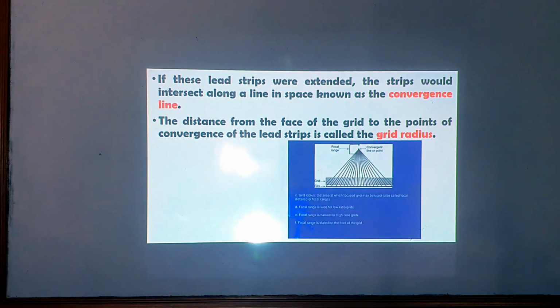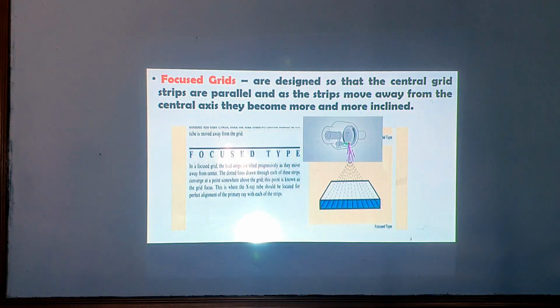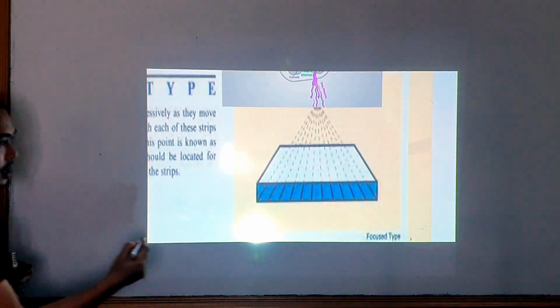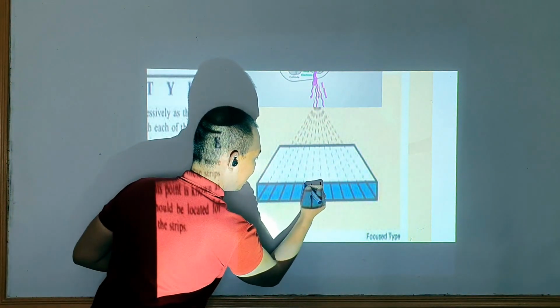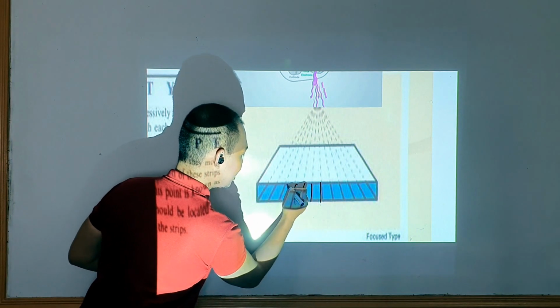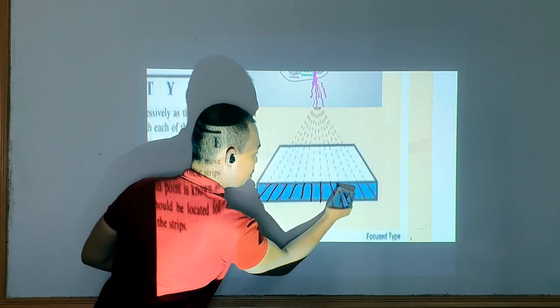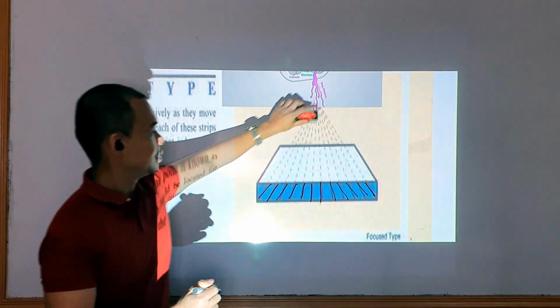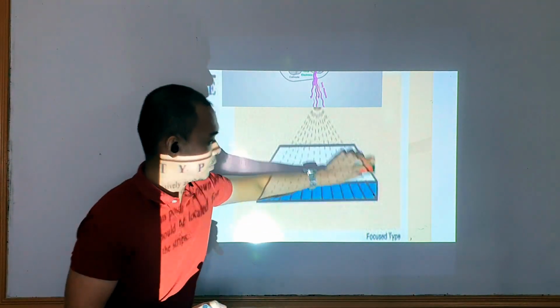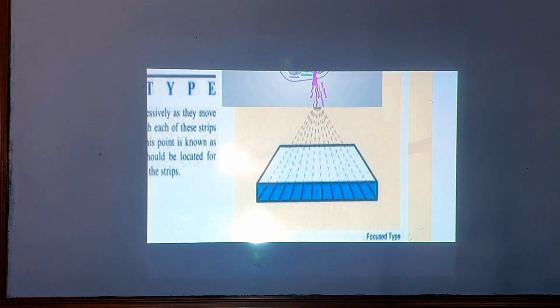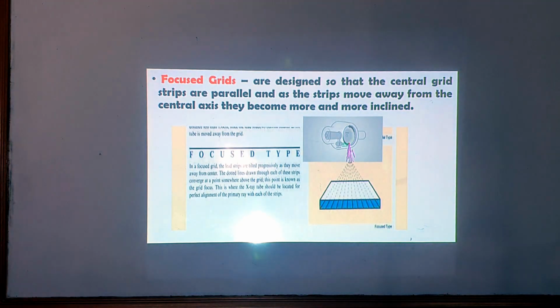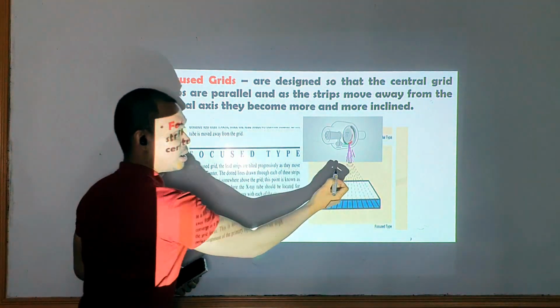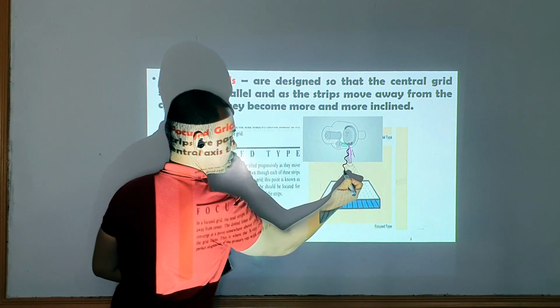Try to look at this. This is the center, so parallel, but as they move towards the sides, they are more inclined. And then try to look at the direction of your X-ray photons.